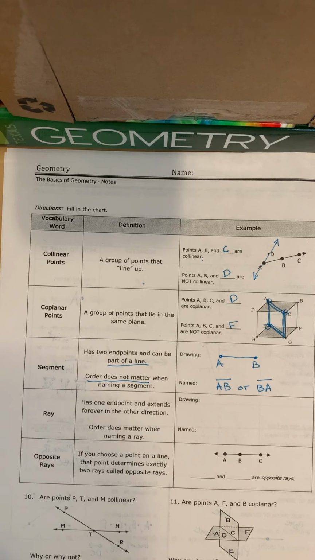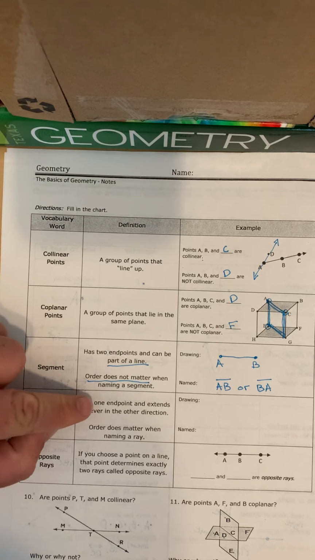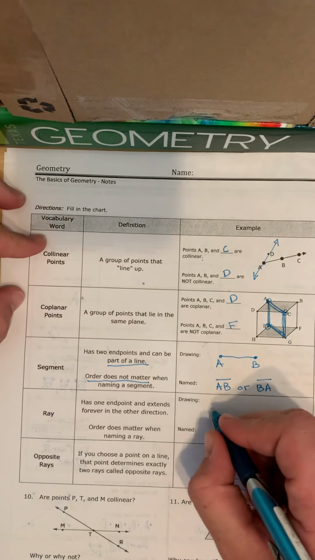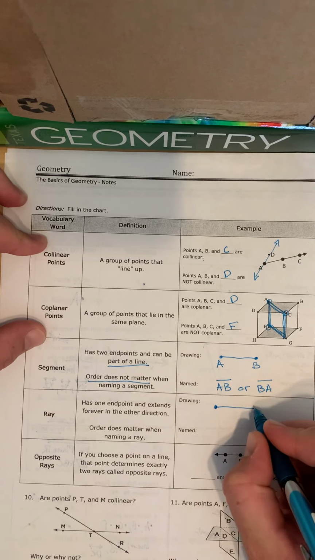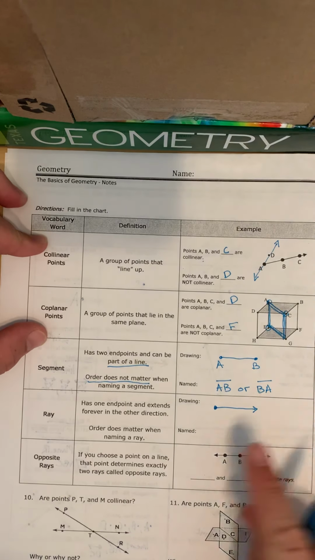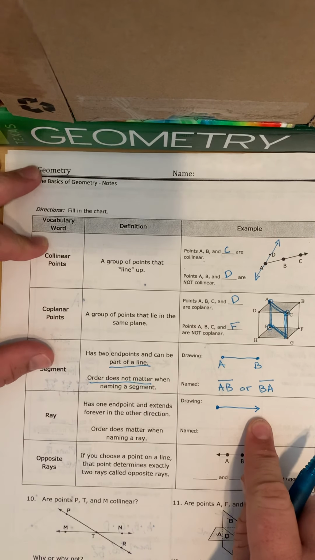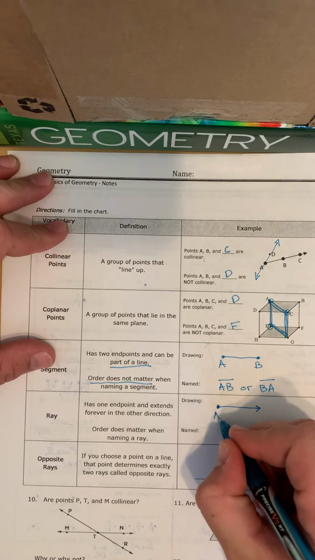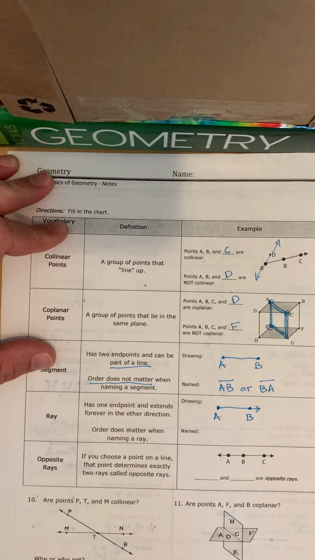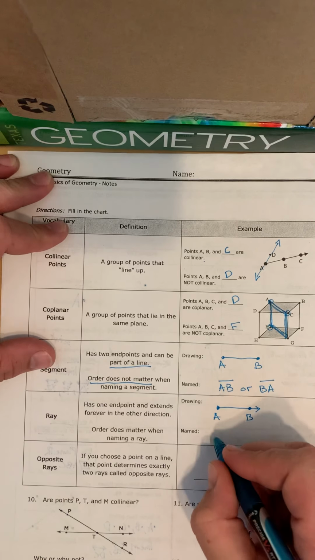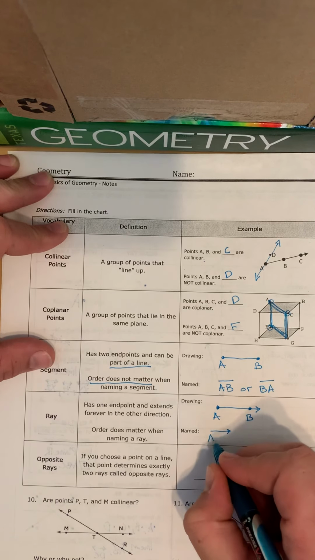Now, a ray is a little different, okay? It has 1 endpoint and extends forever in the other direction. So when we're drawing that, it starts off with 1 endpoint, it goes out, and then it goes on forever. So we have 1 endpoint and 1 arrow, okay? So if we call this A, and I'm going to put another point on here, B, the way I would name this is ray AB.